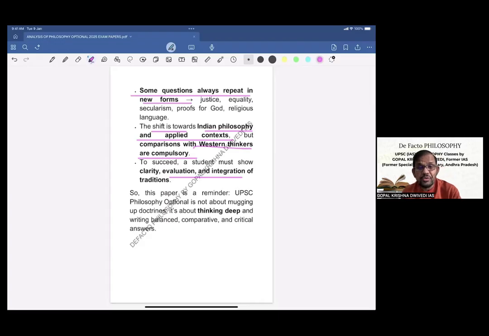To succeed, a student must show clarity, evaluation, and integration of traditions. So basically, what is the final outcome? Philosophy is not about mugging up doctrines. It is about thinking deeply and writing balanced, comparative, and critical answers.